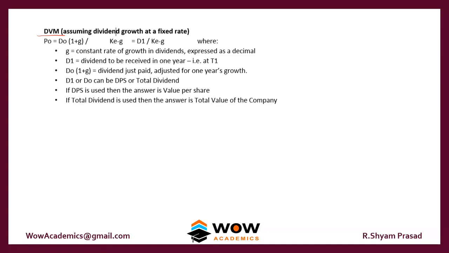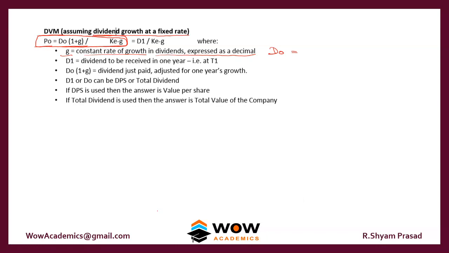It's called the dividend valuation method, where, assuming dividend is going to grow at a fixed rate, the formula works like this. P0, the value of a company, equals D0(1 plus G) divided by KE minus G. So this is the formula. Here G refers to the constant growth rate in dividends.